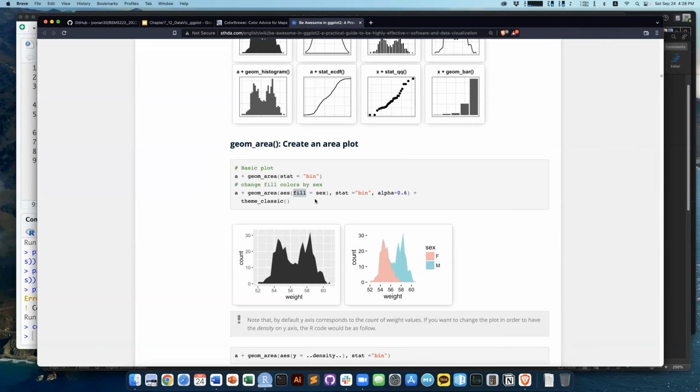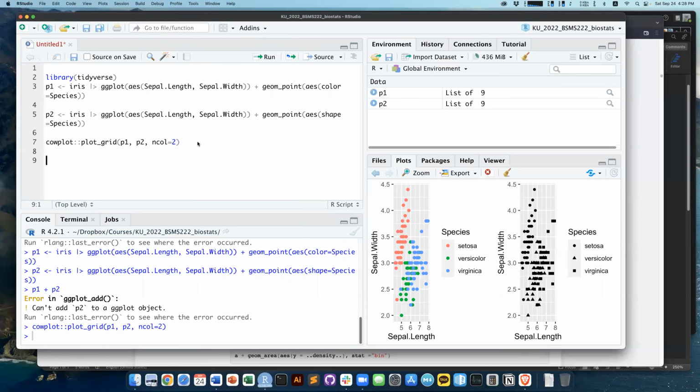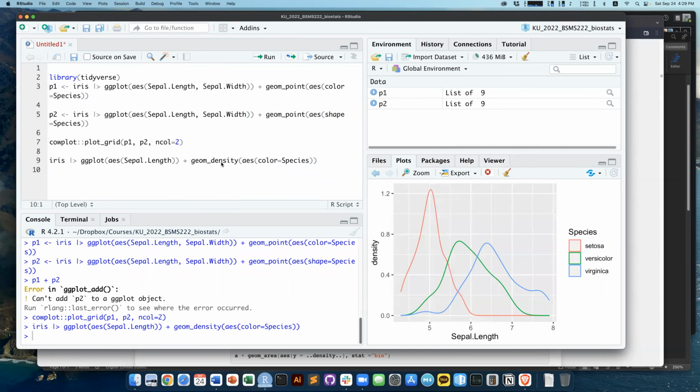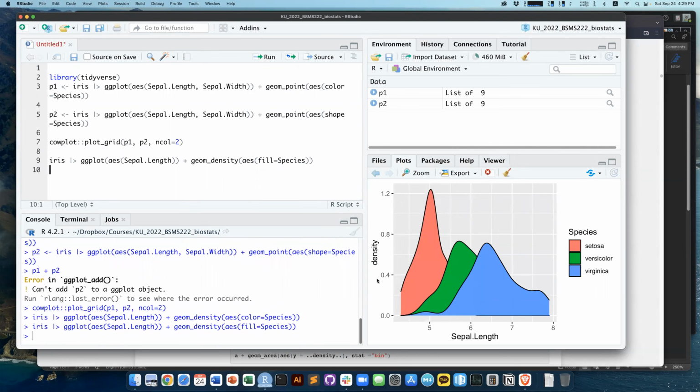So color, I have to show you in this way. Geom density. Oops. Okay, so if you use color, then you can put colors around the shape outline, right? But fill is you get a fill within the object, right?